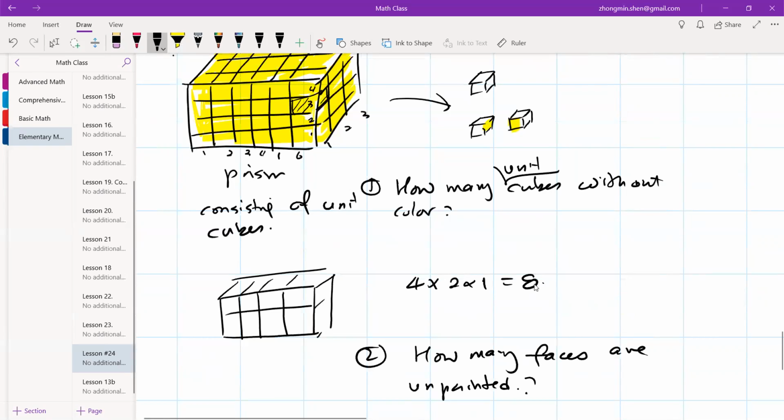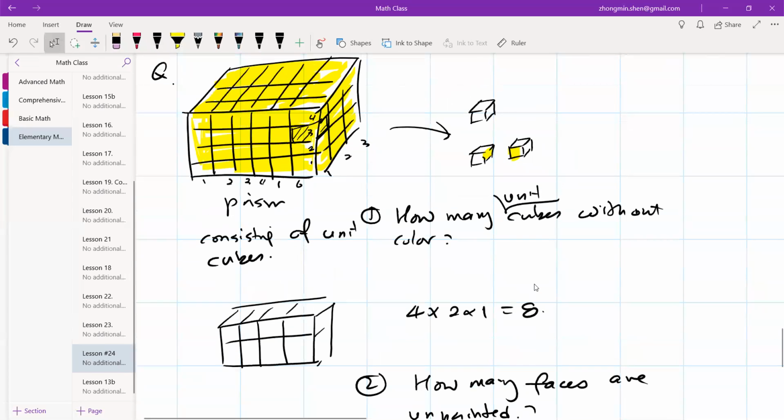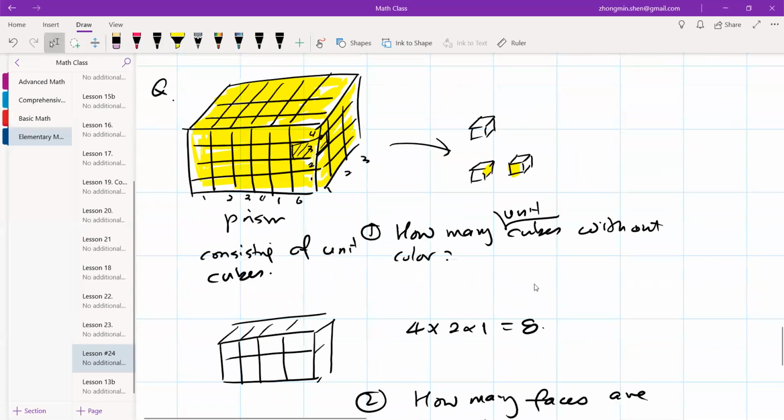Top and bottom are not painted, it's inside. So this is a challenging problem. I'm going to ask you to think about it and count. This was actually given in a regional middle school math competition, but if you are good enough, you can figure it out.